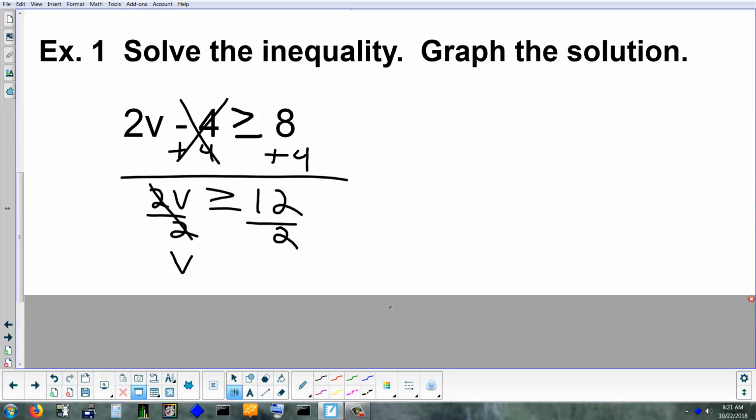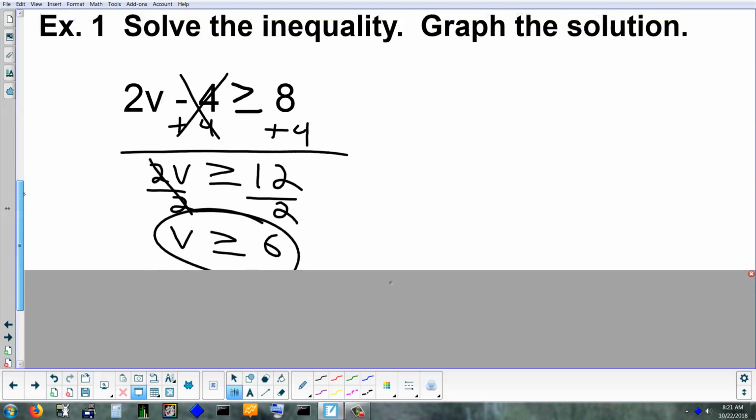Nate, what should I do with my sign? You keep it. Why? Because you're dividing by a positive. Exactly. You're dividing by a positive. You keep it. You don't do anything to it. And 12 divided by 2, that's going to give me 6. So v is greater than or equal to 6.